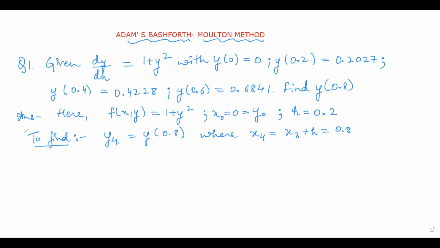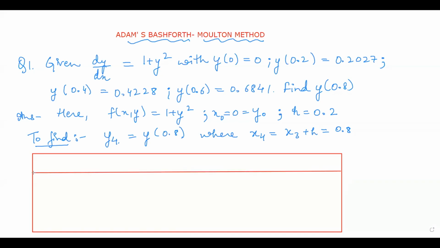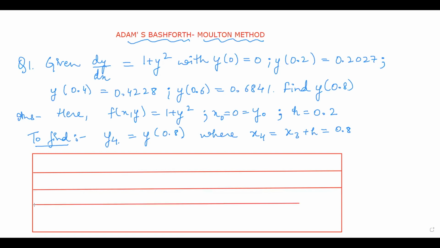So let me formulate the table here. For all the four values, we'll be calculating f of x, y.